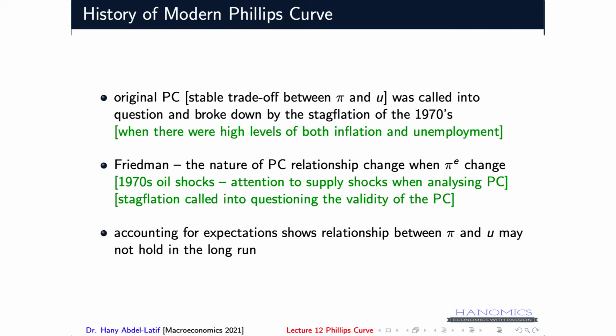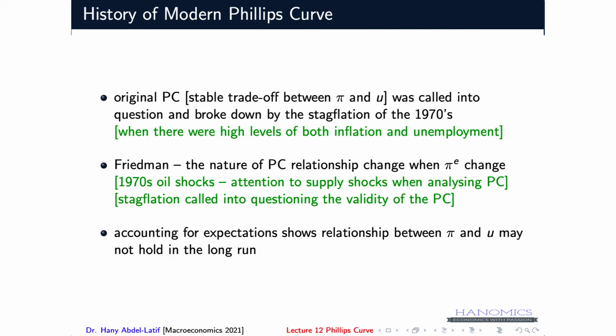The main issue with the 1970s was the oil price shocks that took place, and that drew attention to the importance of considering supply shocks when trying to understand the Phillips curve, which was later called the modified Phillips curve, or expectation-augmented Phillips curve.